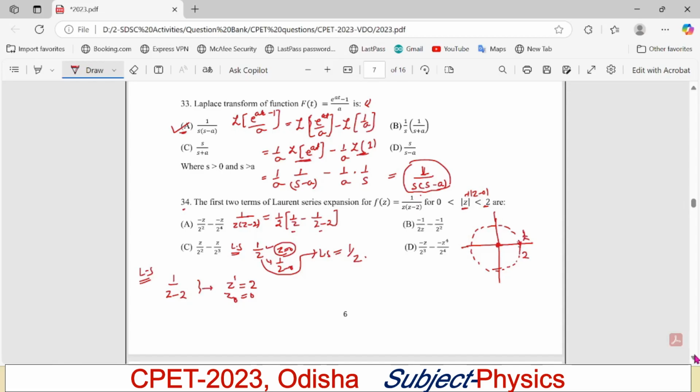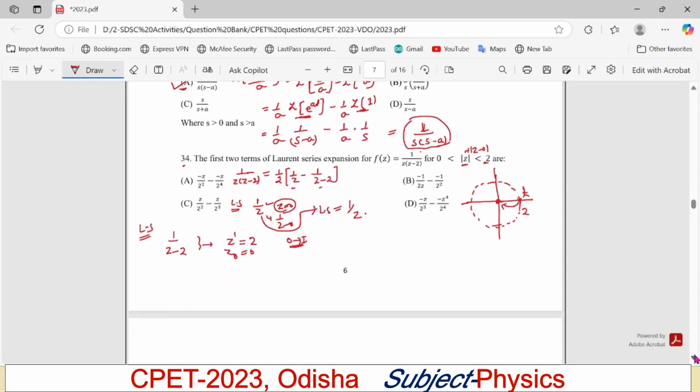That means from outside to inside. With this outside-to-inside, inside-to-outside language I solved many problems in my videos; you can refer to that one. This is a somewhat different type of language, but any kind of Laurent series you can easily solve. So here z dash is 2 and you are moving from out to in.